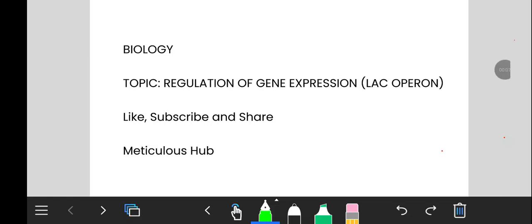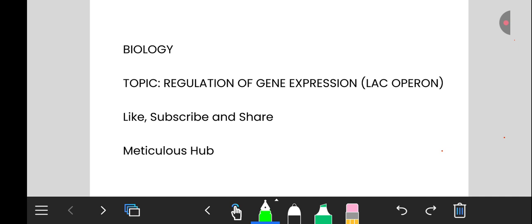In this tutorial, we are going to continue with the regulation of gene expression. We've already done the introduction. We defined what gene regulation is. We said gene regulation is just the process of increasing or maybe decreasing the production of proteins, and we defined what gene expression is.